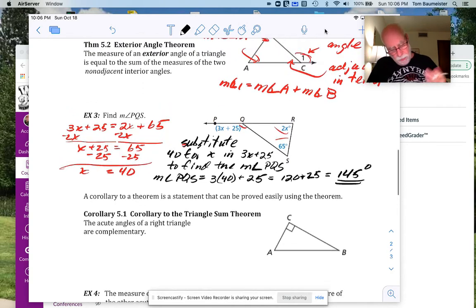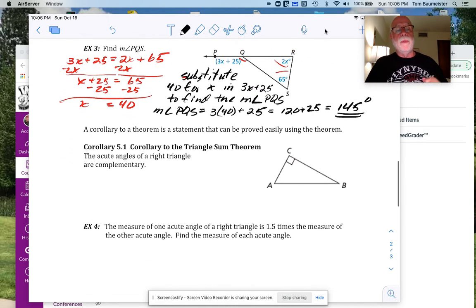And then finally, those were theorems. Remember, I kept telling you we're going to keep looking at these theorems. And I just want you to remember, a corollary to a theorem is a statement that can easily be proved using the theorem. Again, we're not going to use proofs right now, but I'm just telling you that it means the same thing. So the acute angles of a right triangle are complementary.